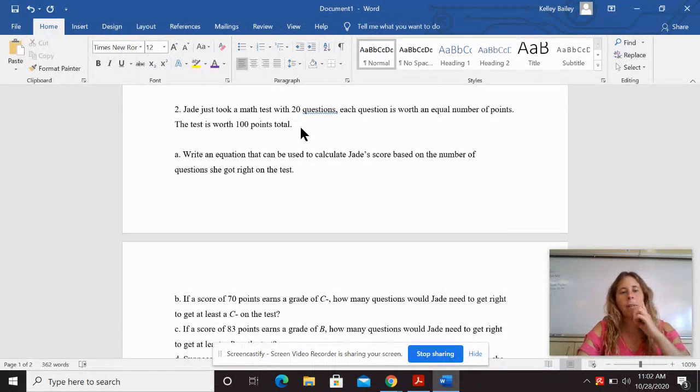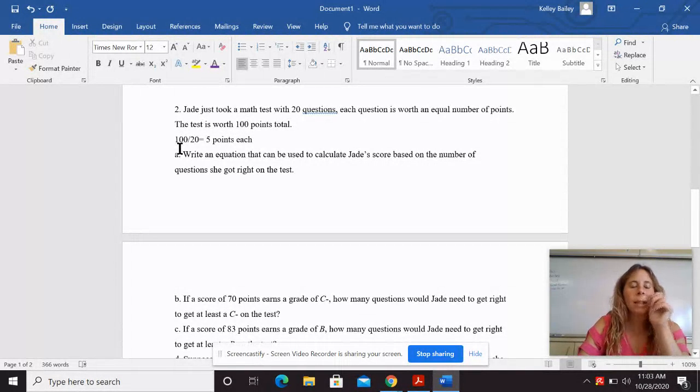That's what we need to figure out. The test is 100 points total, and I have 20 questions that are all equal value. So 5 points each. How many points is each question? 100 divided by 20 is 5. And you can prove it. 20 times 5 is in fact 100 points.